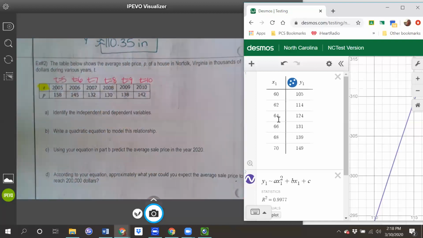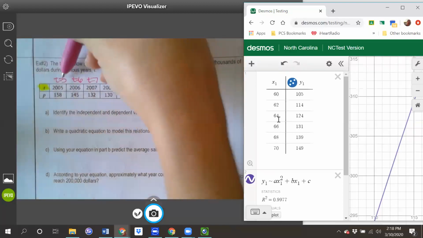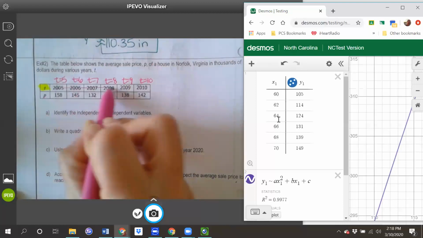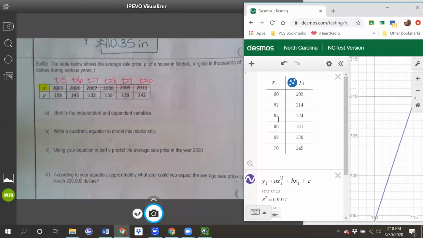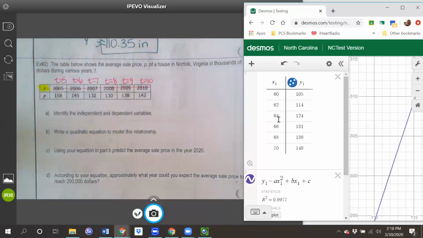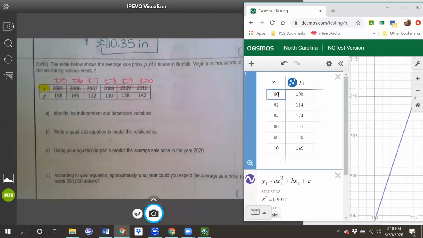If you are dealing with time, you are allowed to reassign your time values. So I'm not going to be using the 2000s for my X's. I'm going to be using 5, 6, 7, 8, 9, and 10. Okay, so let me get those in.